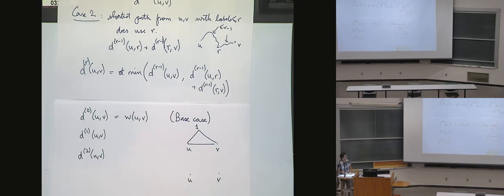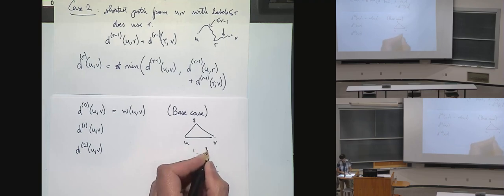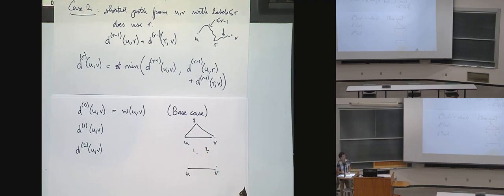From U to V, you can either go U to V, you can go U1V, you can go U2V, or U1 and so on, depending on the direction. So it's looking at these paths, and so on and so forth.